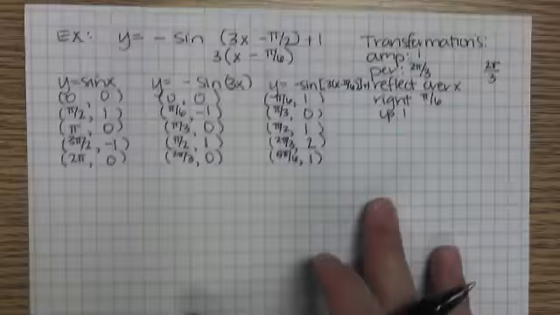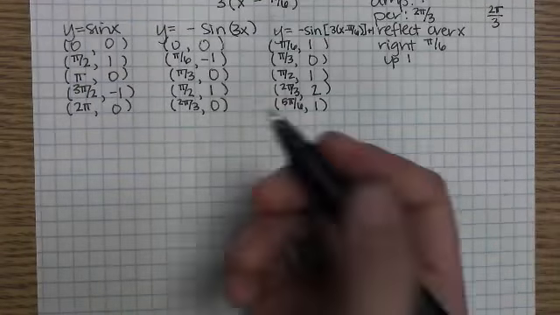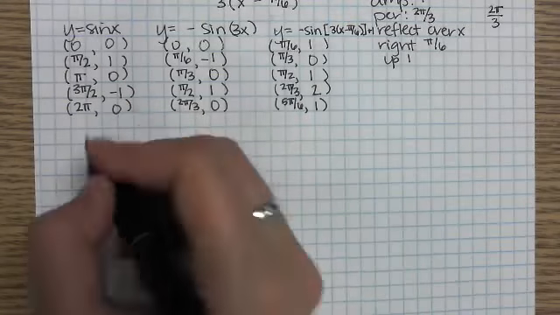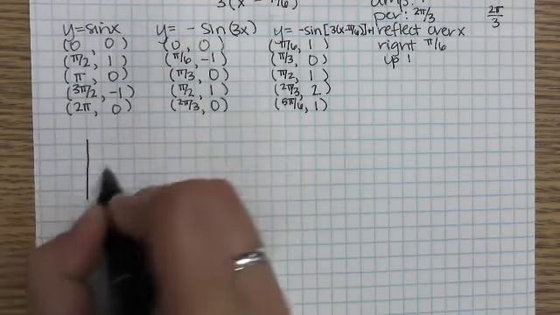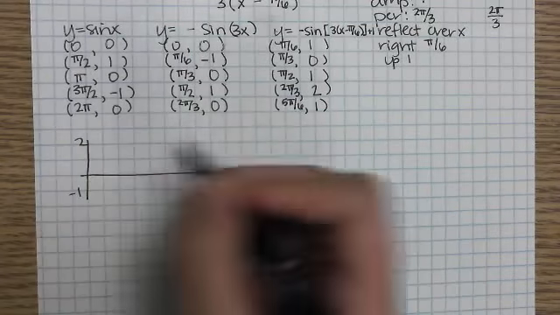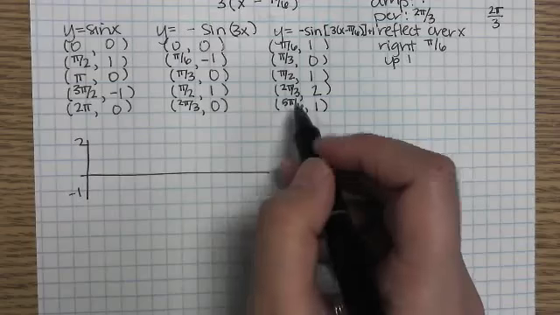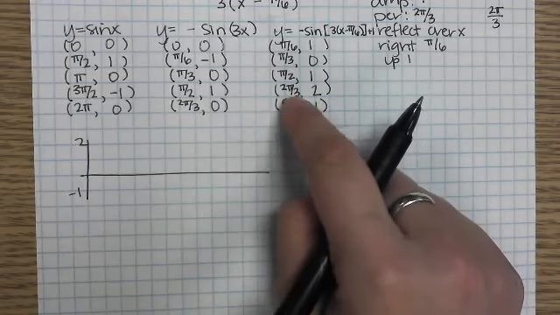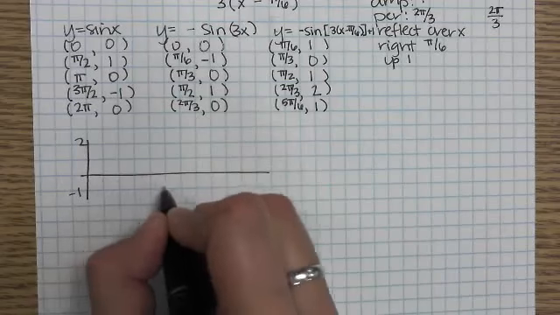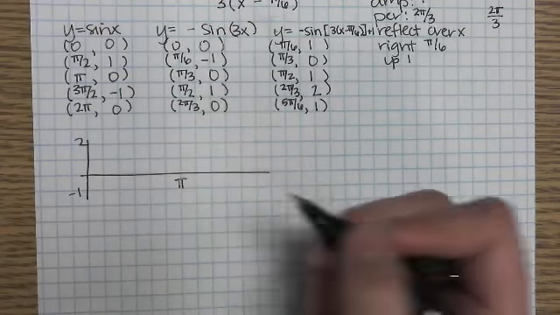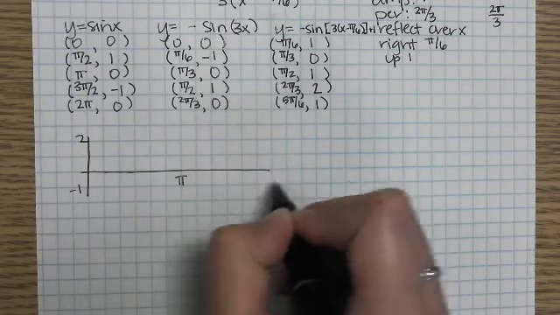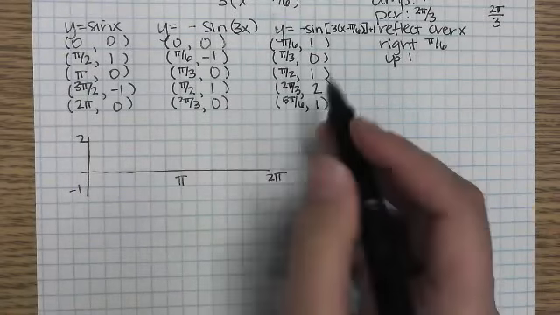So here, I know that I need my graph to go up to 2. So 2, -1, and then I know we need the period of the graph to be 2 pi thirds. I'm going to do 1, 2, 3, 4, 5, 6 for pi, just because that makes sense with how we had labeled things. We had a lot of 6s in there, so that's a good way to do the graph.